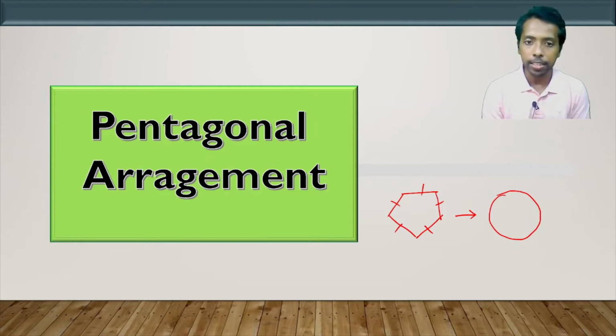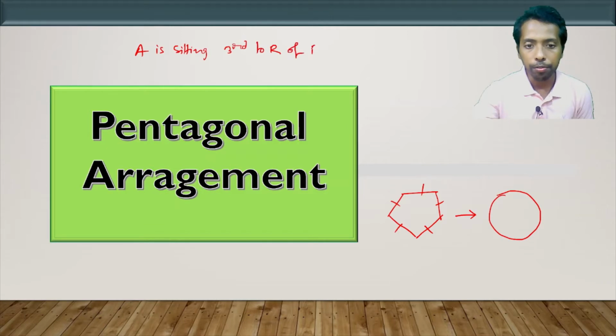One important thing: if it says A is sitting third to the right of B, that means two persons would be in between.